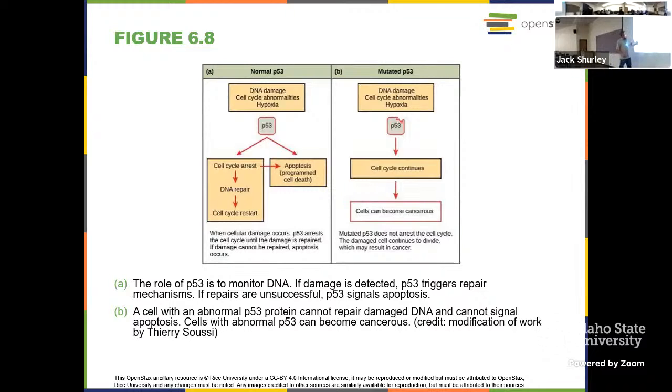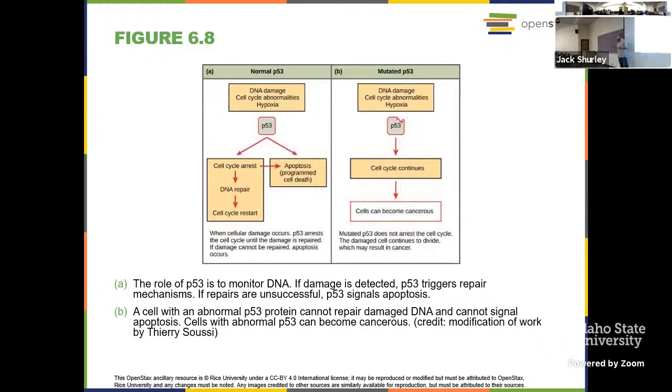So if the damage is detected, this protein, P53 protein, triggers repair mechanisms. It recognizes there's problems and says let's fix this stuff, right? If we can fix it, it's all fine and good, right?